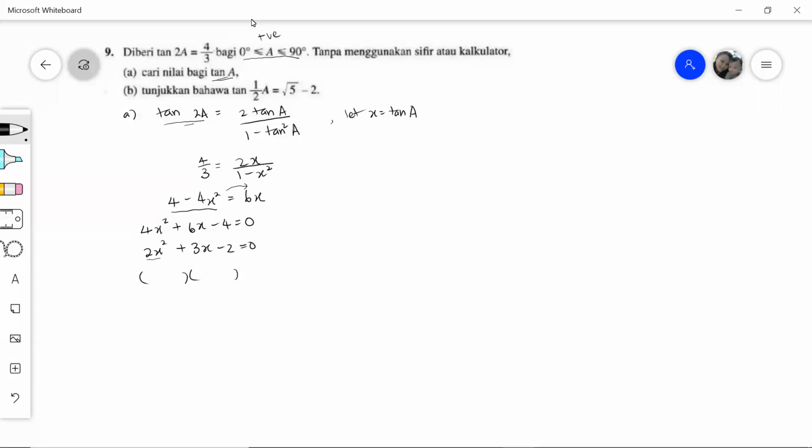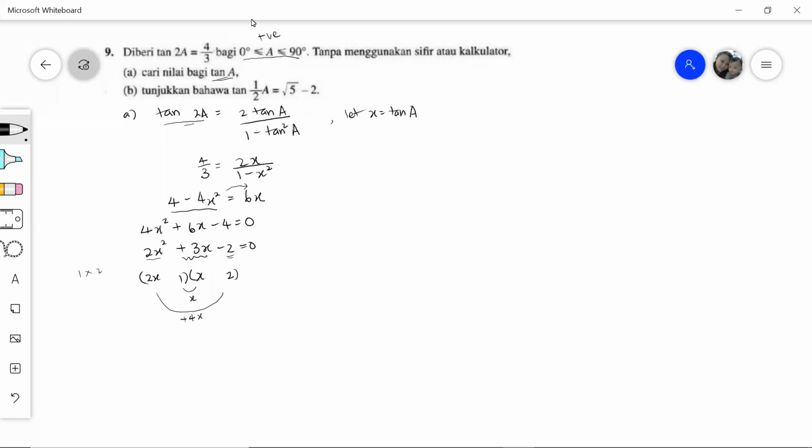Now, to get 2x squared, it is just the product of 2x and x. And for 2, our factors will be 1 and 2. So I shall put the 2 over here and 1 over here and check. The inner pair, we have x. The outer pair, we have 4x. Now, to get positive 3x, what is the combination here?